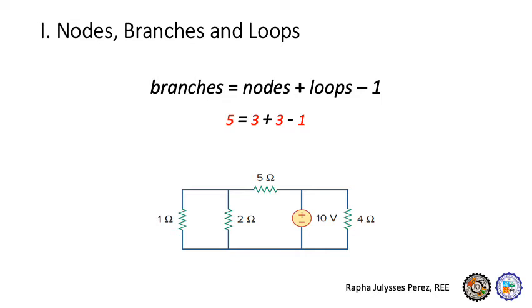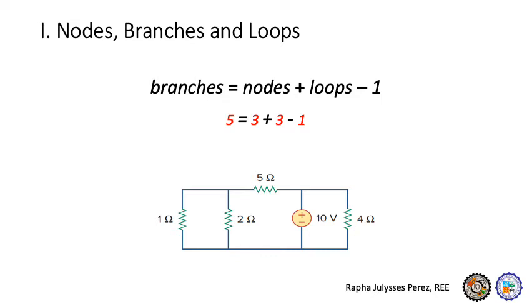In this same example, we know that there are five branches, three nodes, and three loops altogether. And that number of parts satisfies this equation right here.